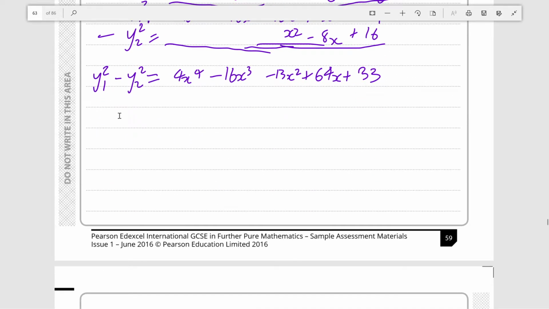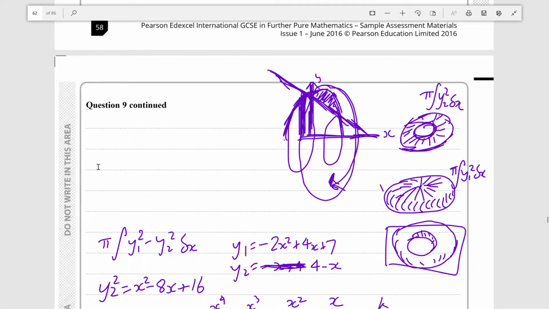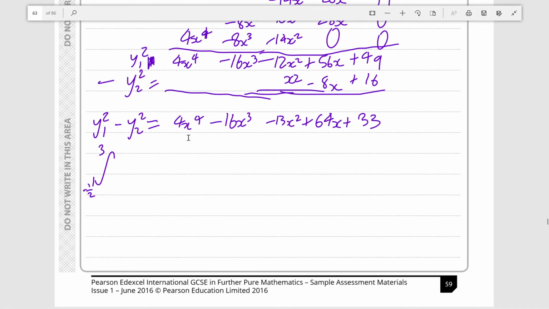So since we want to find the integral from the limits of negative 1 over 2 to 3, because these are our points of intersection, and we know that volume is equal to, from negative 1 over 2 to 3, y1 squared minus y2 squared dx, we can just evaluate this integral in order to get the final volume of rotation.